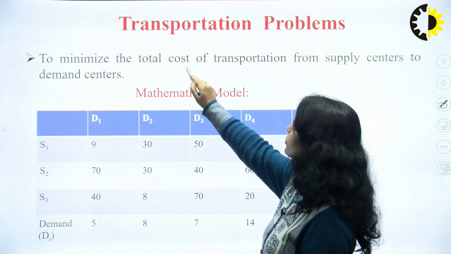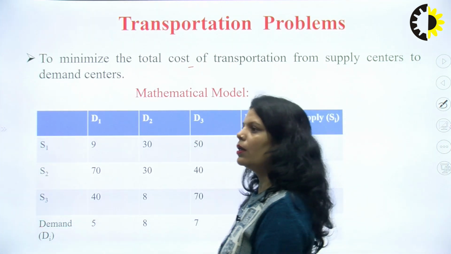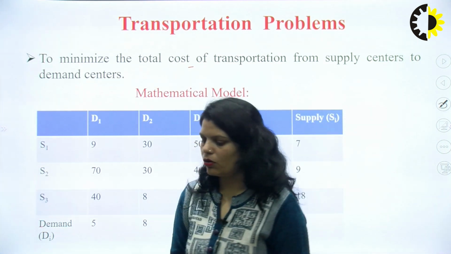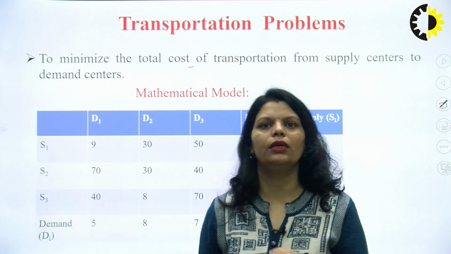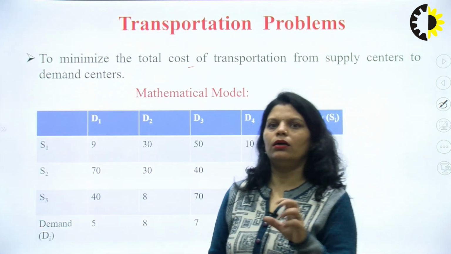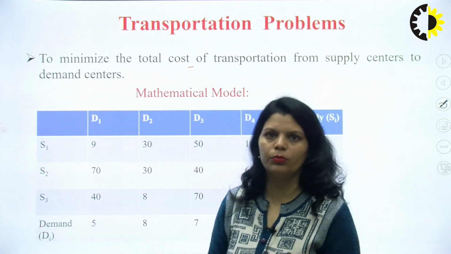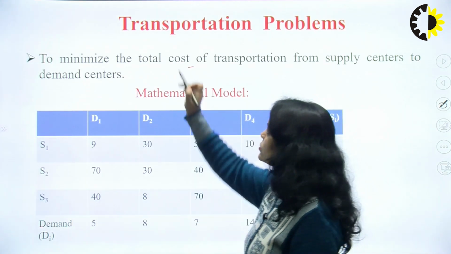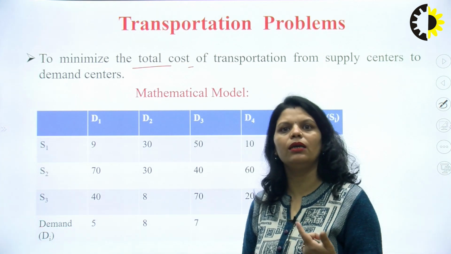So first we have to define the transportation problem. In industry, we know that material is transferred from one place to another, or distributed between the supplier and the distributor. In transportation, our main objective should be to minimize the cost.